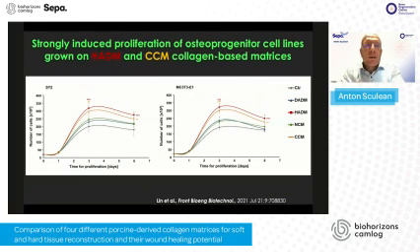So what we concluded is that strongly induced proliferation of osteoprogenitors was observed, especially when they were grown on HADM and CCM collagen-based matrices. And you can see the summary of these findings. And this was published in Frontiers in Bioengineering and Biotechnology, a very respected journal with a high impact factor.